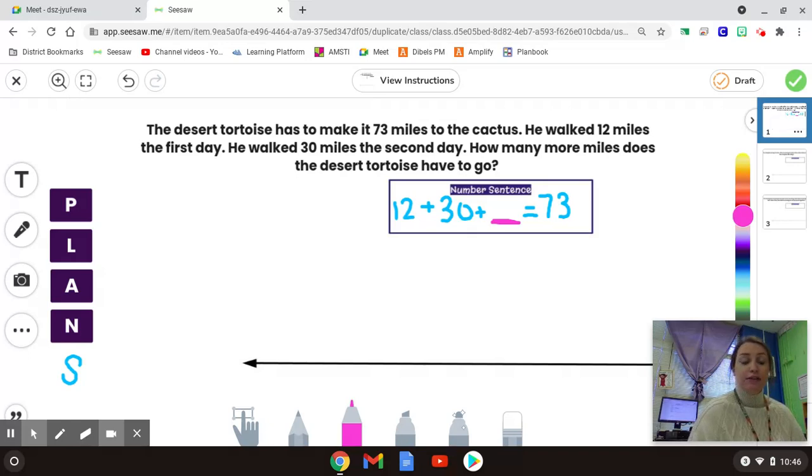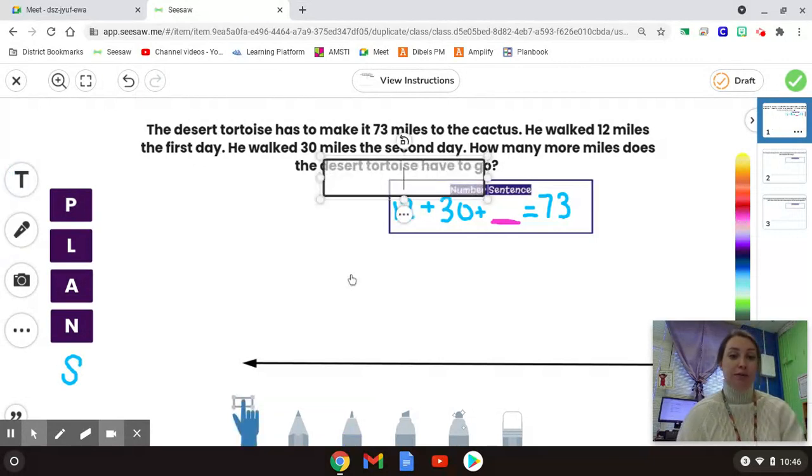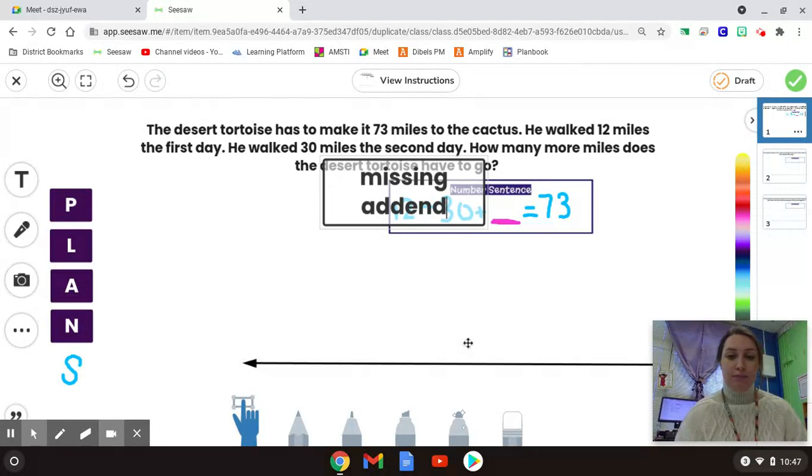So the first thing that I need to do is think about what kind of problem this is. To figure out my missing number, I will have to add these two together. And then I will have to write a fact family to help me figure out which one I need to do. So for the first part of plans, I need to put it's a missing add-in.